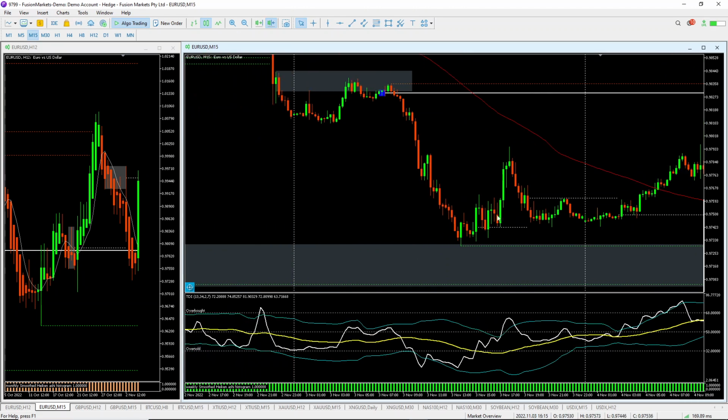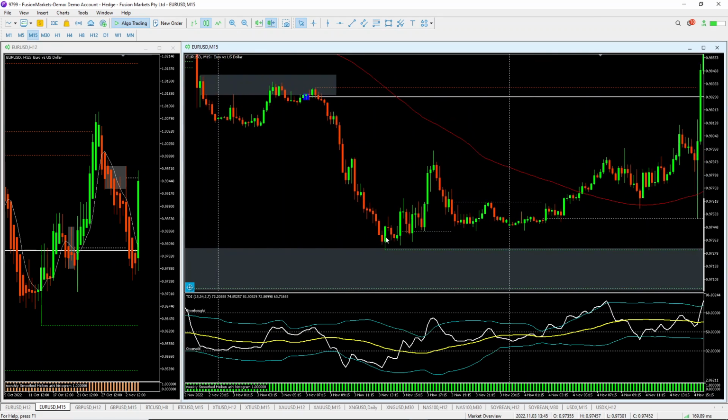And also, to be honest, I was thinking about buying this. You see, we had these supply areas here or other blocks that got penetrated.